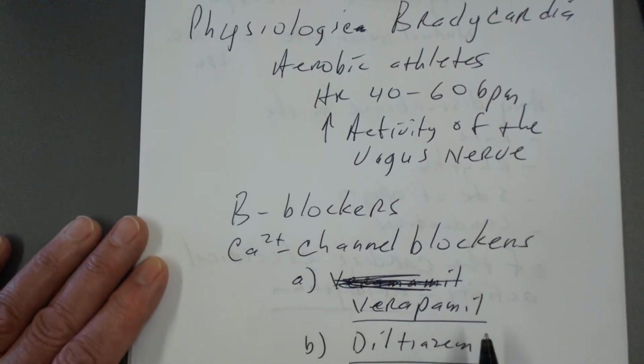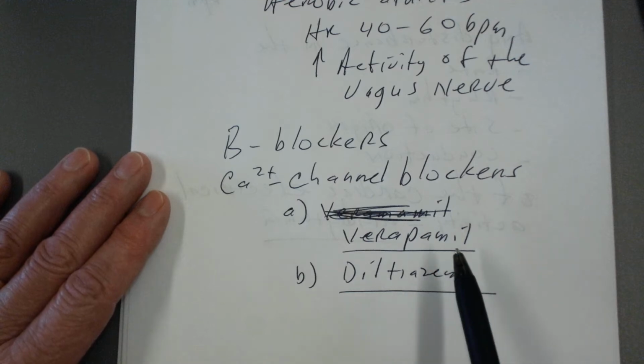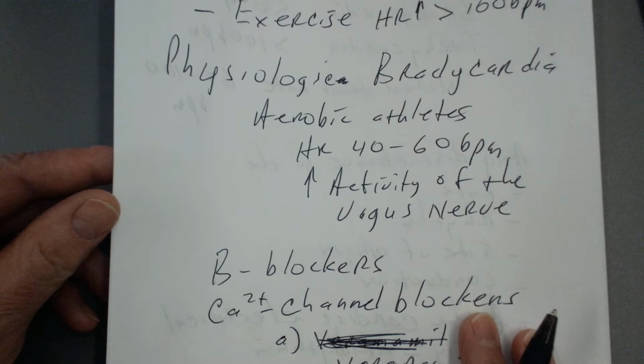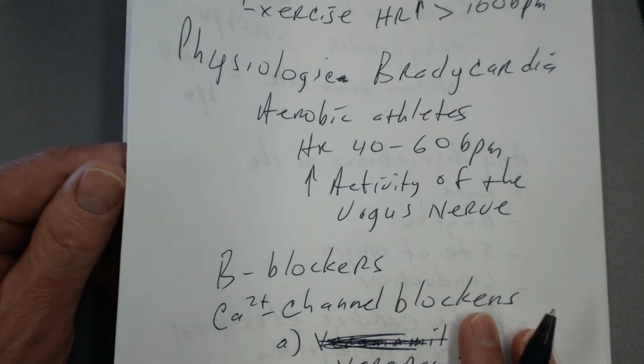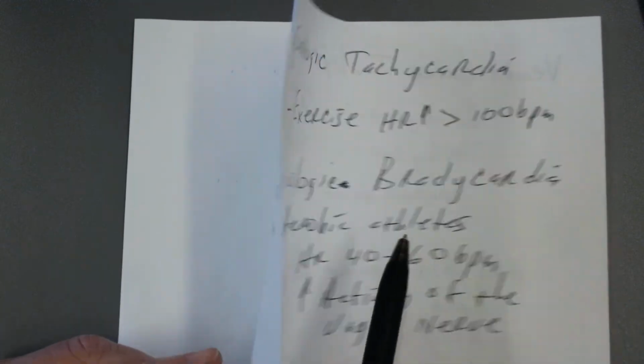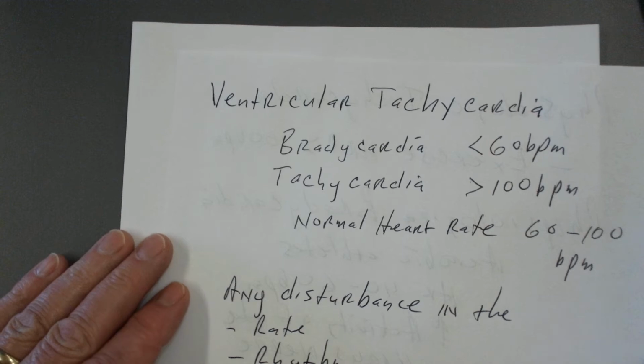These are the two non-dihydropyridine calcium channel blockers that can cause bradycardia. Then there are also pathologic causes of tachycardia and bradycardia. I'd like to look today at the examples of ventricular tachycardia.